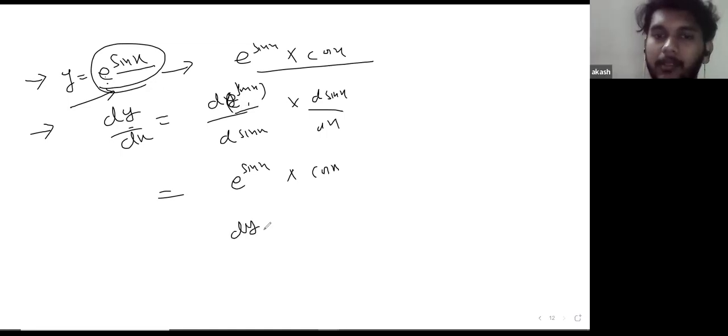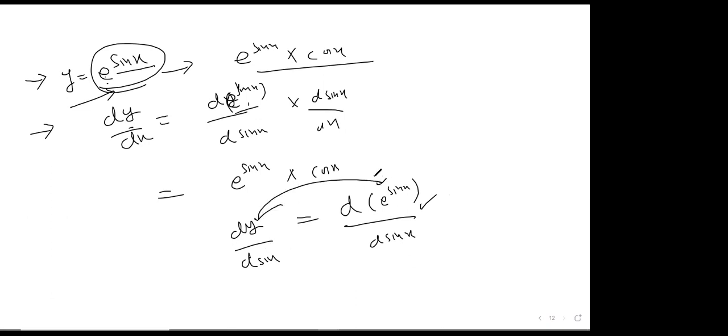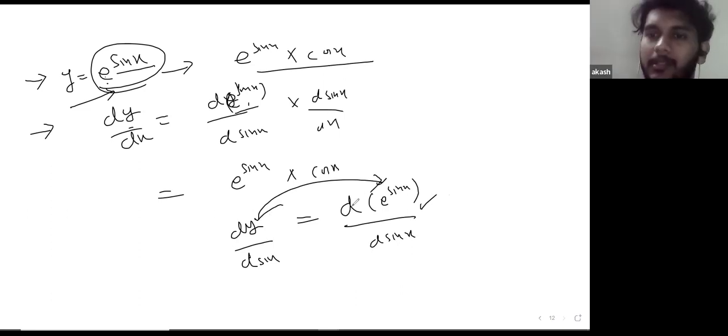So you can write dy by d sin x, that is equal to d of e raised to the power sin x and d sin x. And actually, you have to write this way only because you are omitting a step. All right, no worries. You can write this also because y is this. So your syllabus is complete.